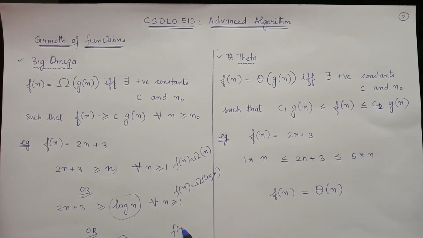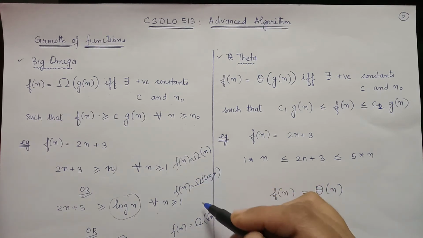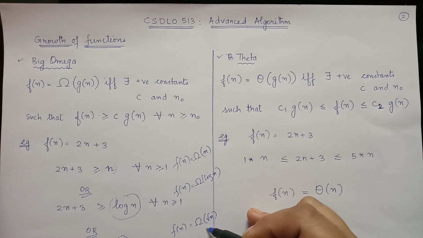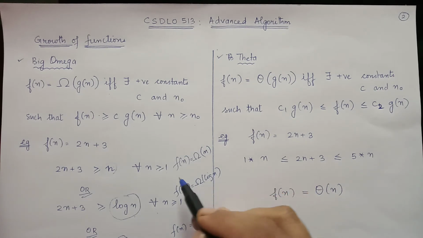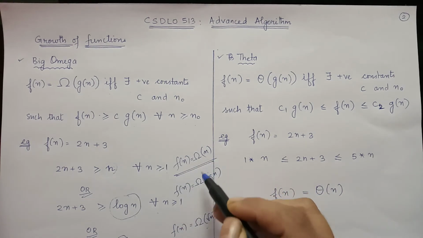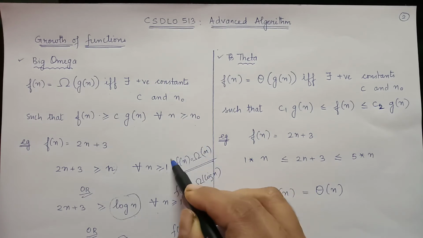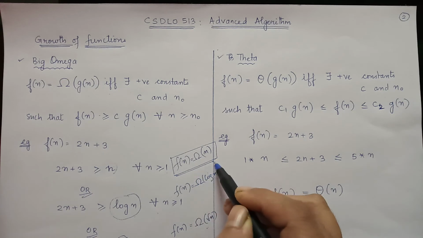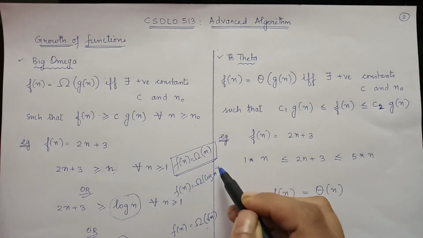Here f of n is equal to omega of root n. Now among these three functions, lower bounds of f of n, we can see that this function is closer to the given f of n, which makes more meaning to our conclusion.